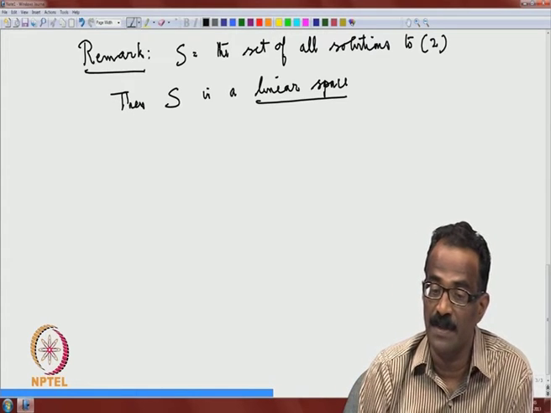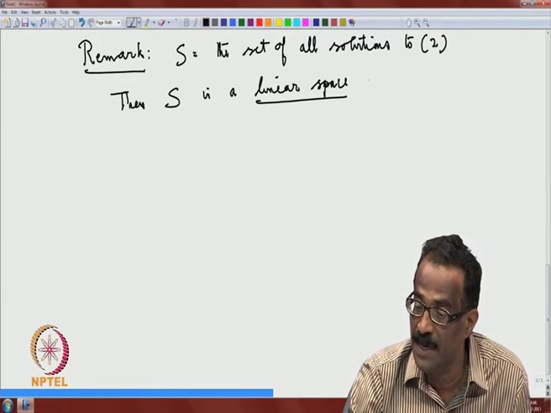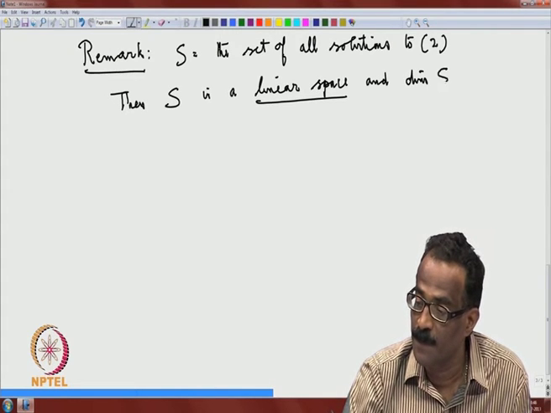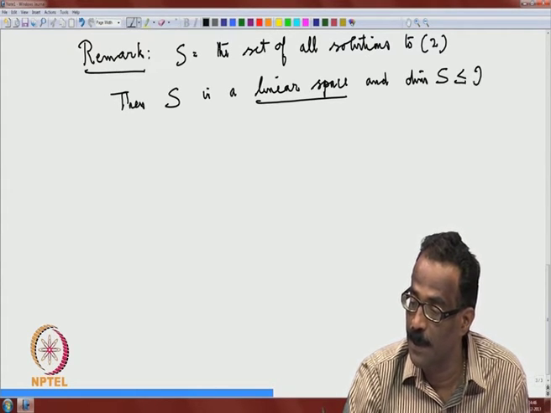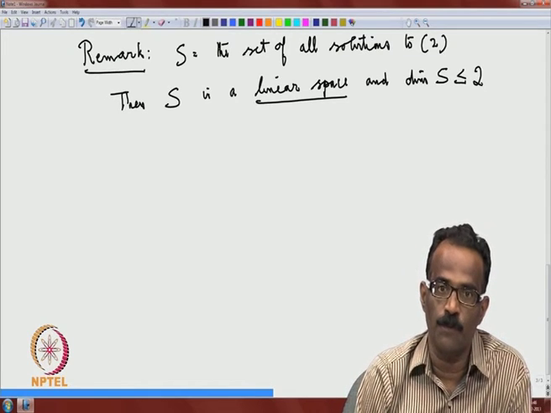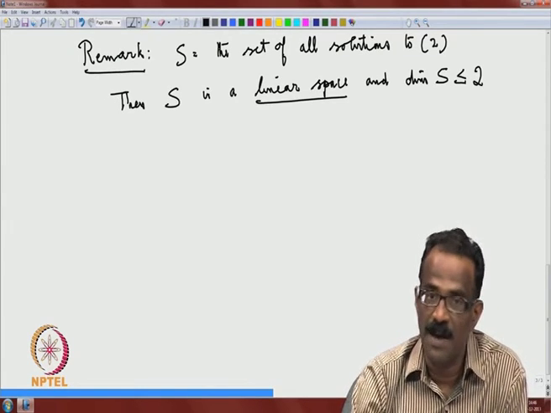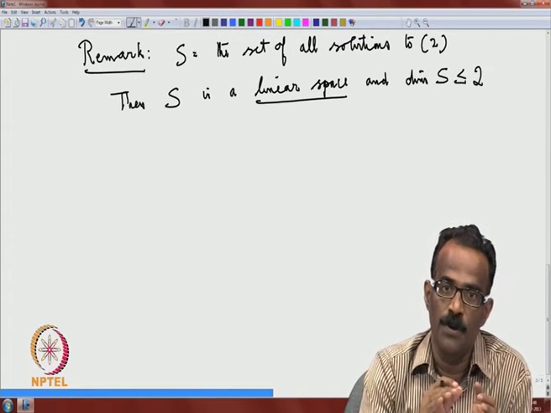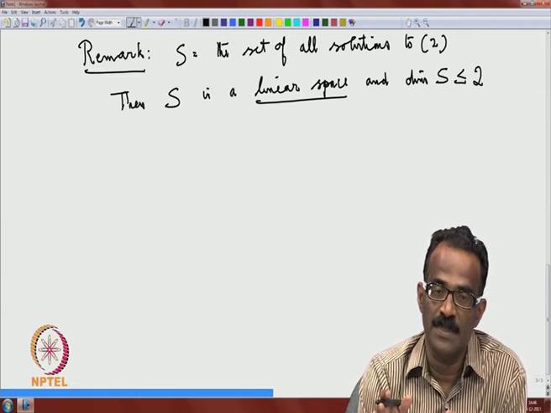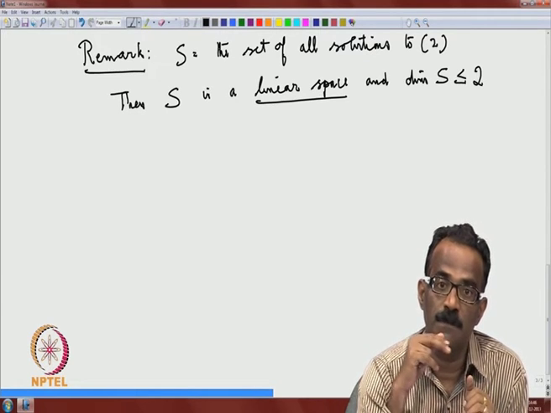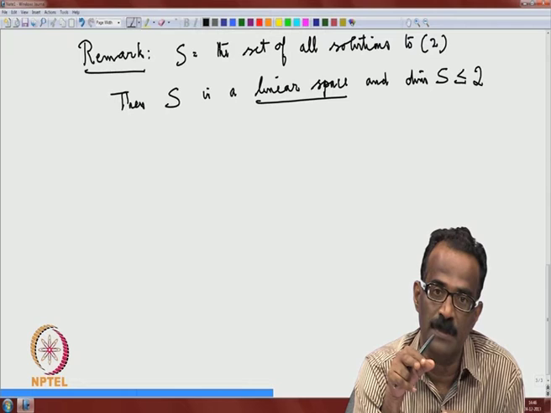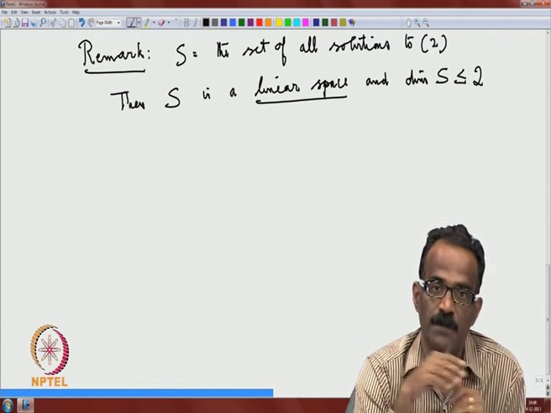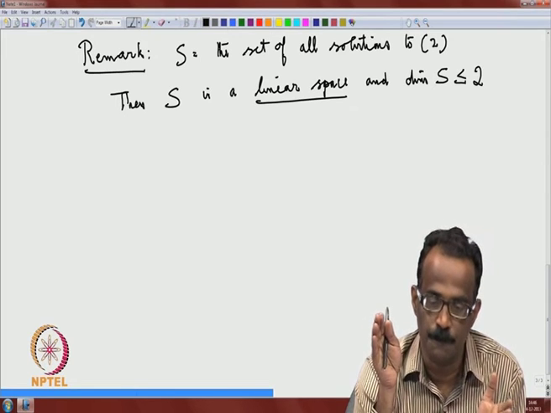And the other remarkable thing is that S is a linear space and the dimension of S is less than or equal to 2. What we are eventually after, and we will see in the proof of the theorem, is that in fact the dimension of S is equal to 2. The proposition right now only says the dimension of S is less than or equal to 2, because if you assume there are two independent solutions, then those two independent solutions are good enough to determine any other solution.